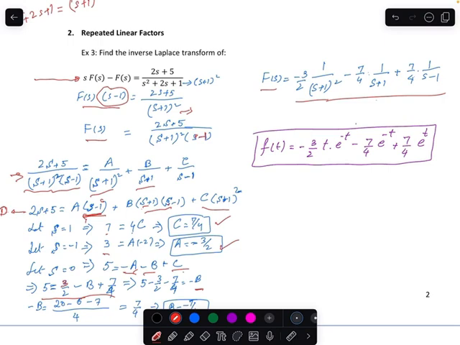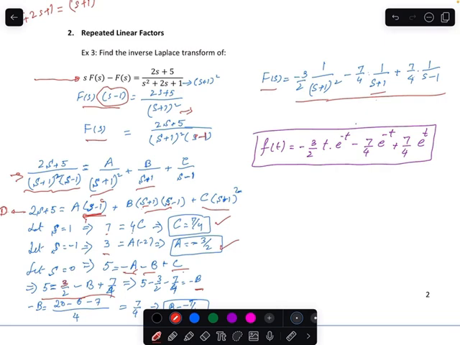What is alpha here? It's negative 1. So we get negative 3 over 2 t e to the minus t, minus 7 over 4, again e to the minus t because of that, and then plus 7 over 4 e to the t. So this is our inverse Laplace transform.